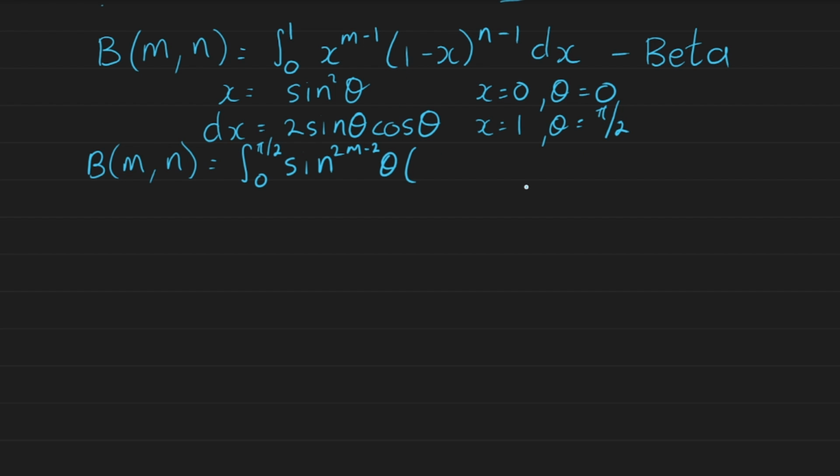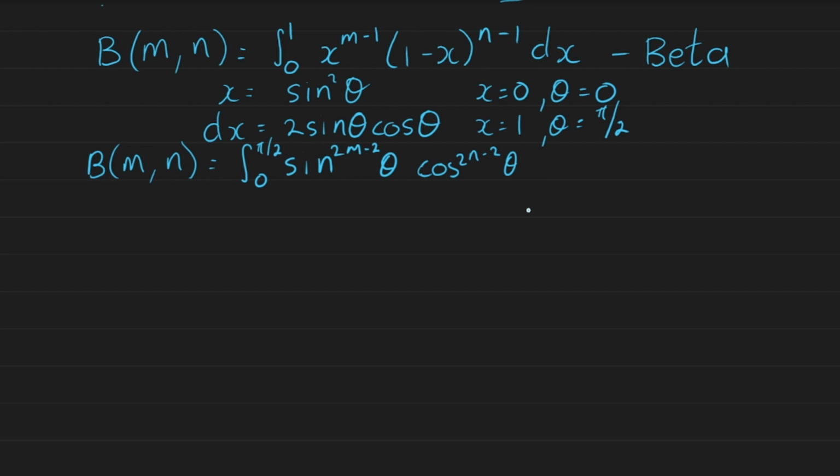So we also have to remember that 1 minus sine squared is cos squared. So we have cos squared theta raised to the power n minus 1. In the same way, we can just bring it into the exponent, so it becomes 2n minus 2, and this is with respect to theta.